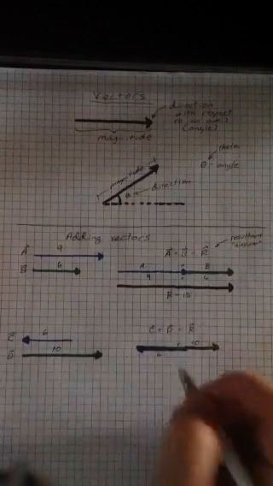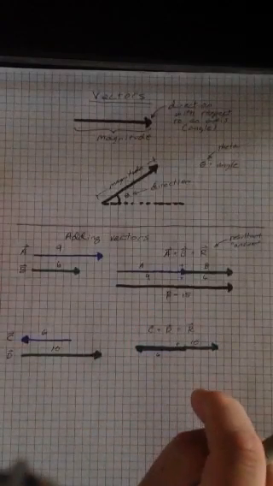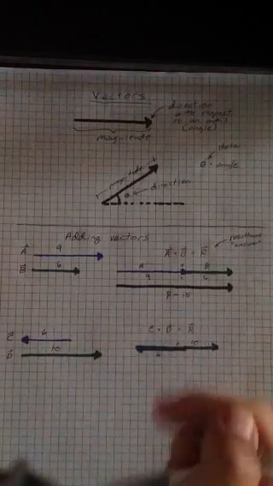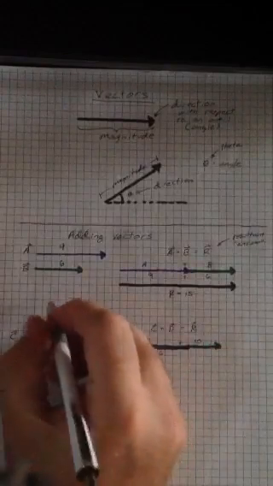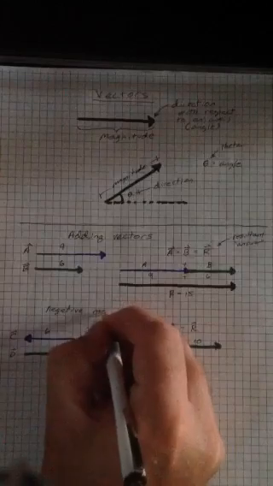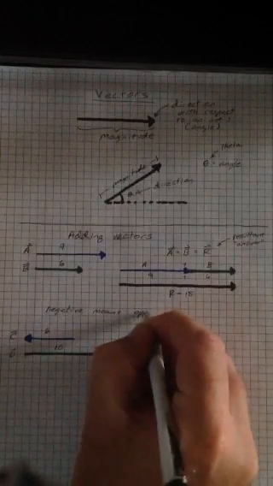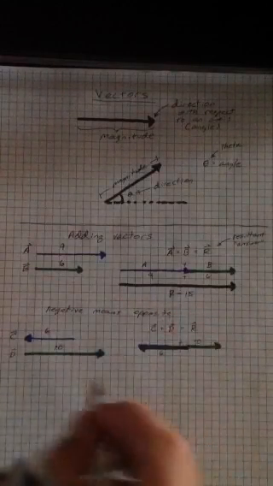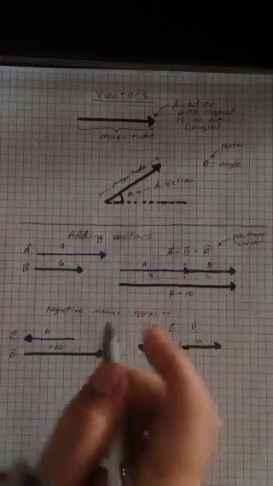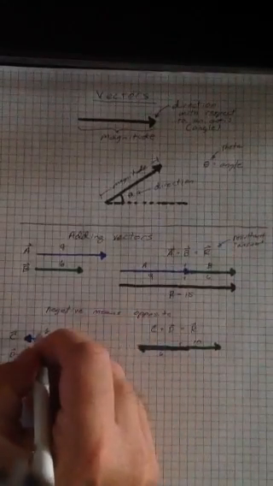And I'm going to add them. But I have to establish which one of these is positive and which one is negative. One thing to remember, in physics, negative means opposite. So if I call going off to the right positive, then going to the left is negative.